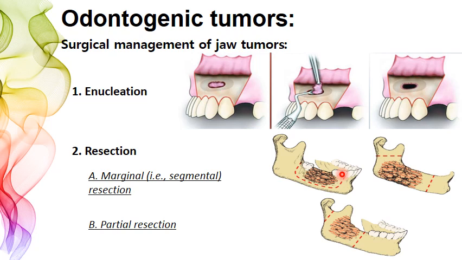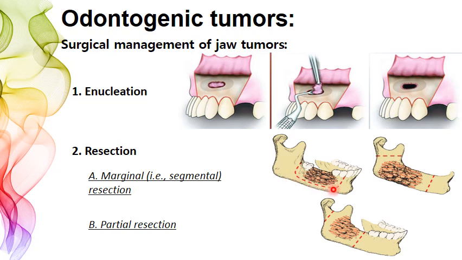This resection is also called en bloc because I take a block of bone. Resection has several types. First, we have the marginal or segmental resection. Here, the resection of a tumor is without disruption of the continuity of the jaw.